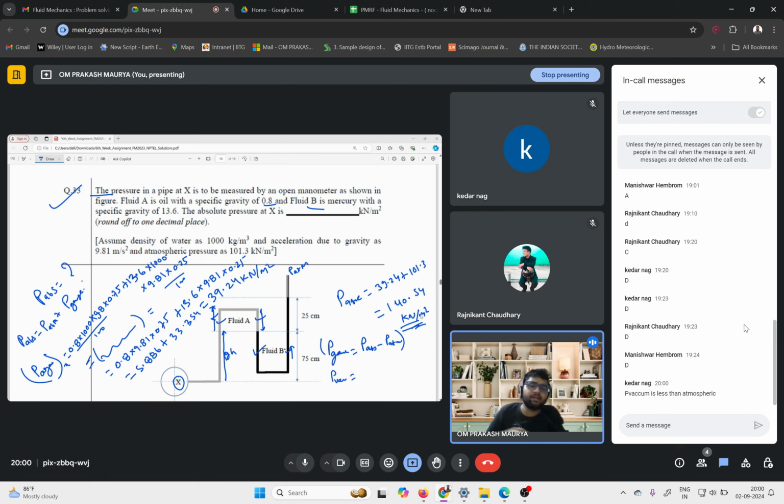So gauge pressure will be greater than atmospheric pressure, but when your pressure is less than atmospheric pressure, definitely your pressure will be vacuum. So vacuum is a negative pressure relative to the atmospheric or barometric pressure. Remember please, always. Okay, good.